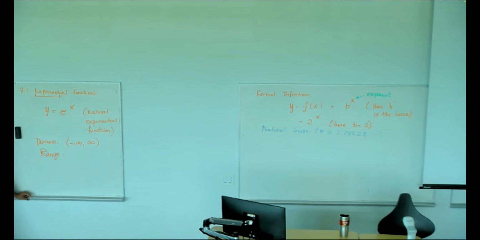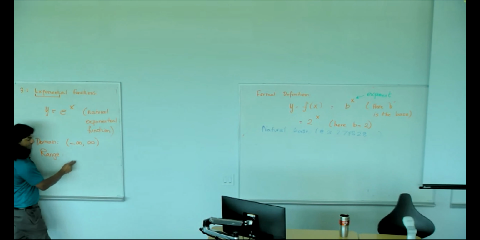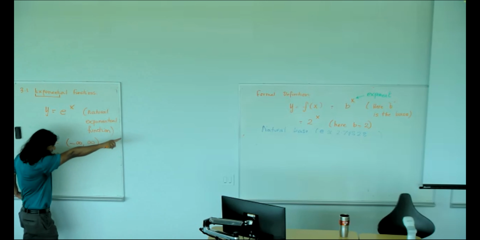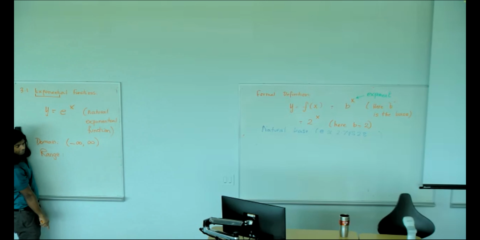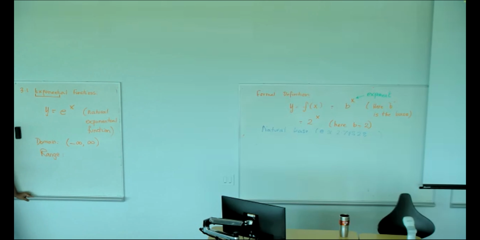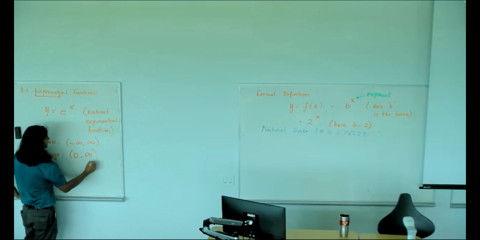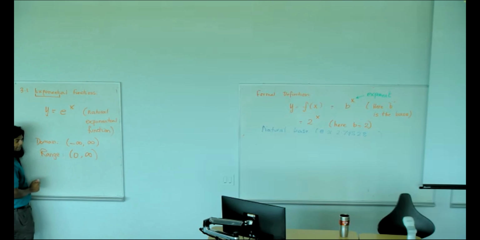The number will never be negative. Do you agree? So I cannot put negative infinity as the starting term. Again, that only applies if b is bigger than 0. If it is negative, then we've got to be careful. The range is 0 up to infinity.